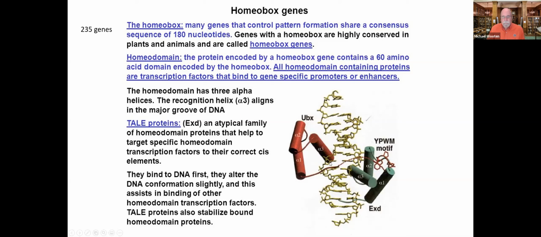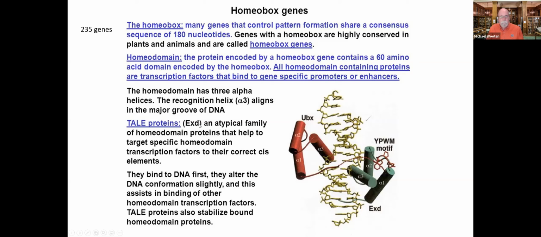What they tend to do is go in and lock on to an enhancer area or promoter area, some upstream area from a gene, and cause the activation of that gene. In particular, there's the alpha-3 region, which usually expands the DNA and causes it to open up, so it helps break those hydrogen bonds.